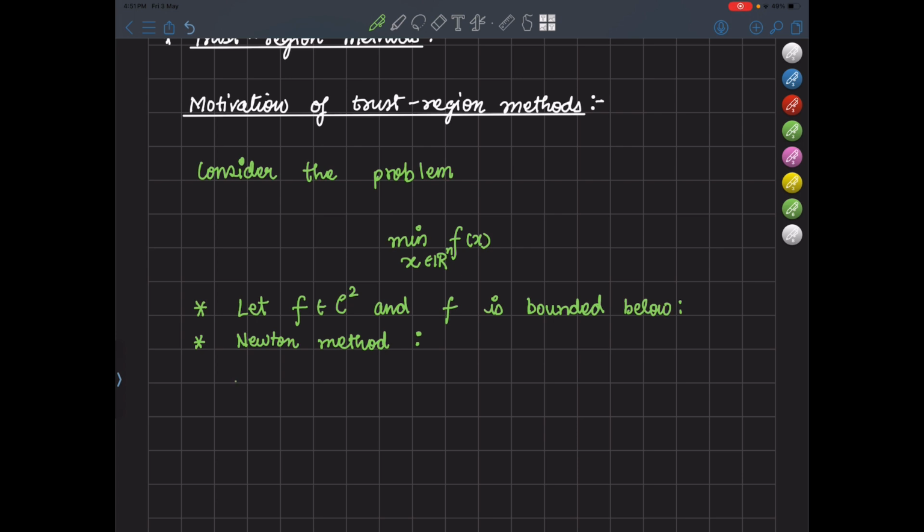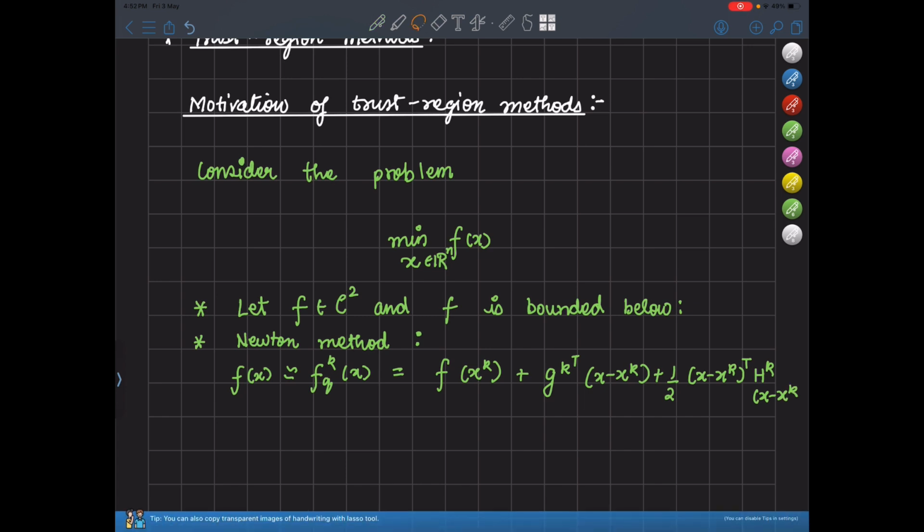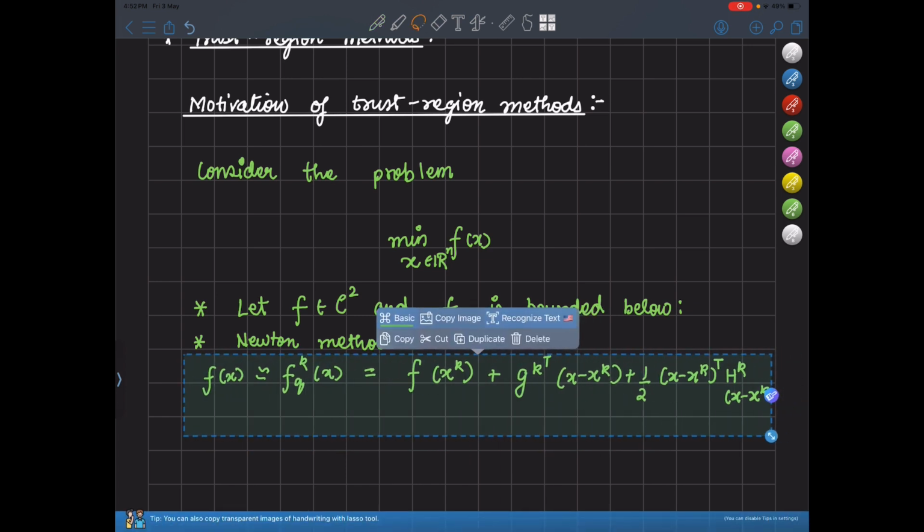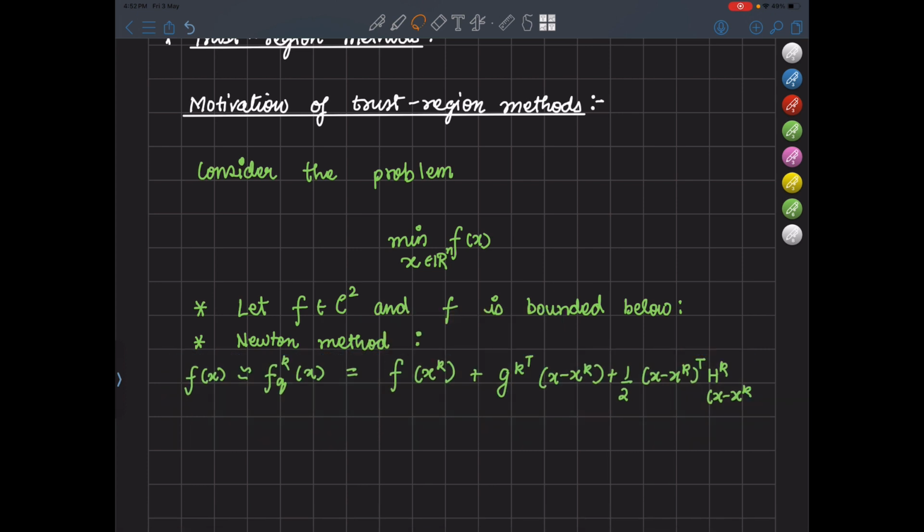So basically f(x) is approximated by fqk(x), which is f(xk) plus gk transpose (x minus xk) plus half (x minus xk) transpose Hk (x minus xk).